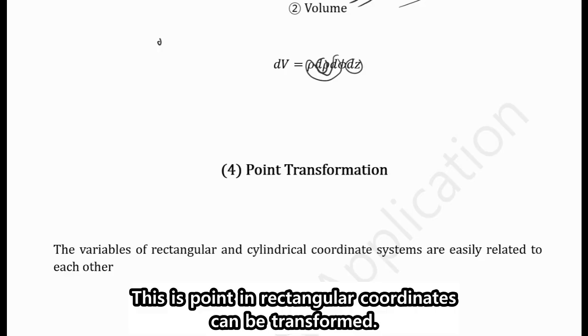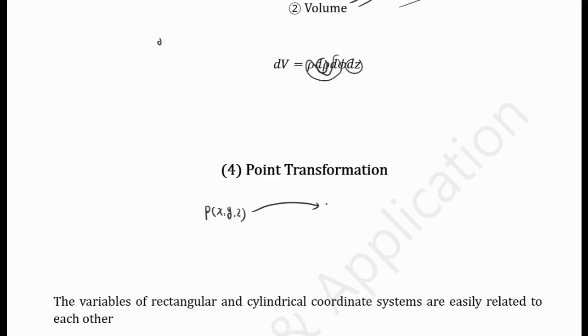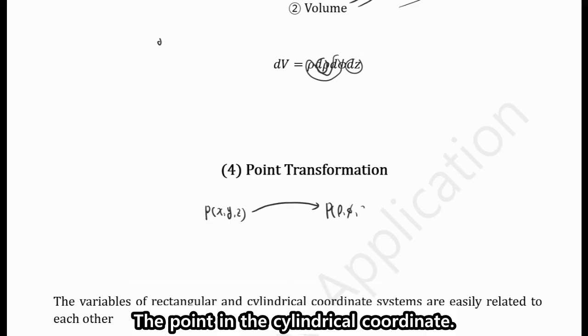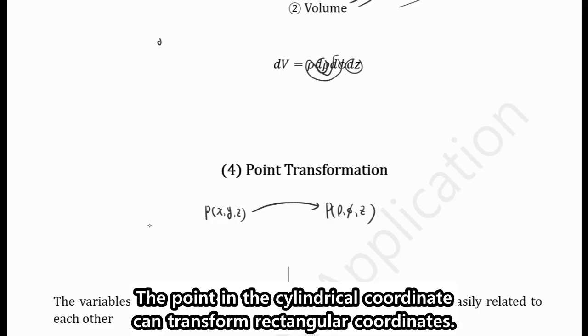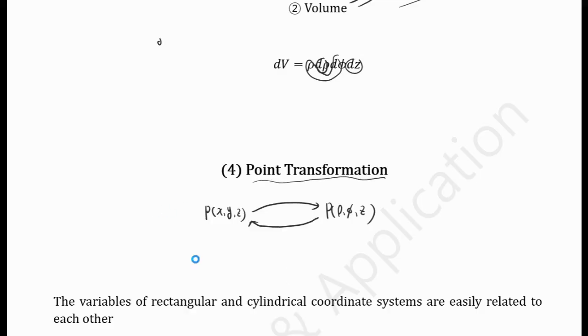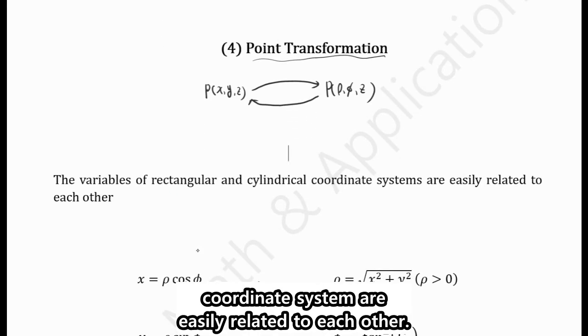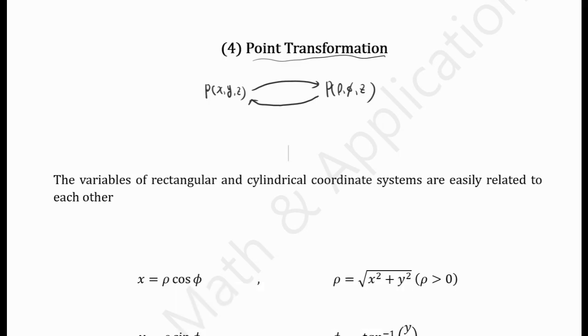A point in rectangular coordinates can be transformed to a point in cylindrical coordinates. A point in cylindrical coordinates can be transformed to rectangular coordinates. This is point transformation. The variables of the rectangular and cylindrical coordinate systems are easily related to each other.